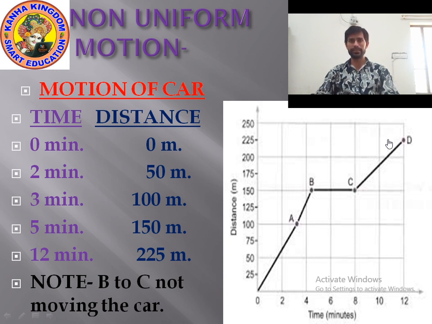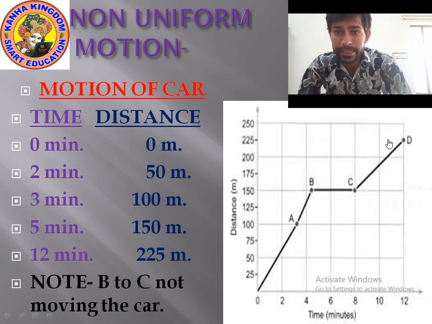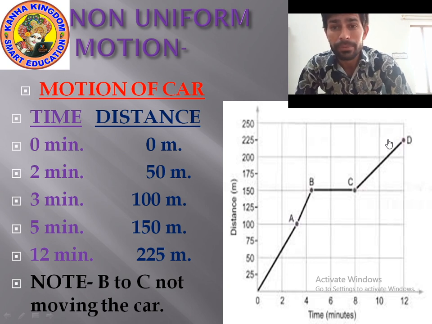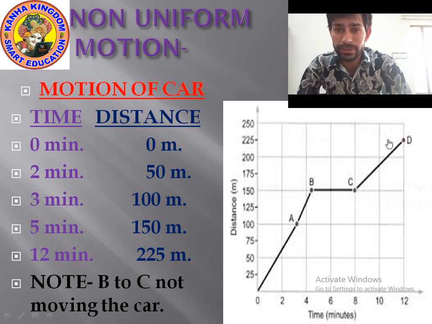Then again started driving and in the next 7 minutes you reach 225 meter. So as you can see the line is not straight. When the line is not straight, the graph is a non-uniform graph, because we have already studied that the graph for uniform motion will always be a straight line graph, but the graph for non-uniform motion will not be a straight line graph.